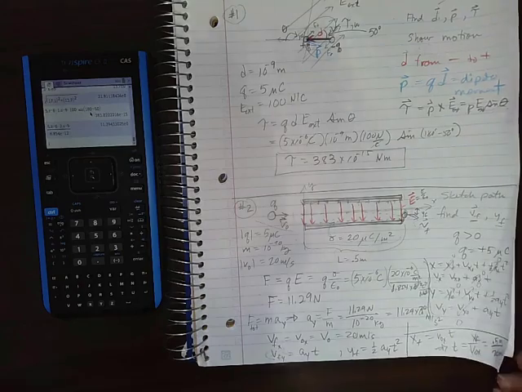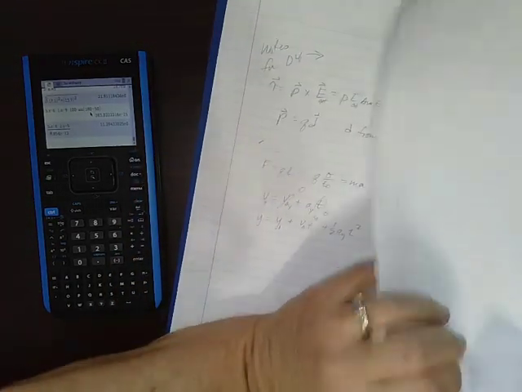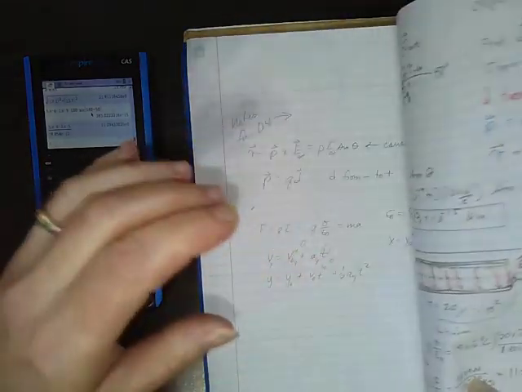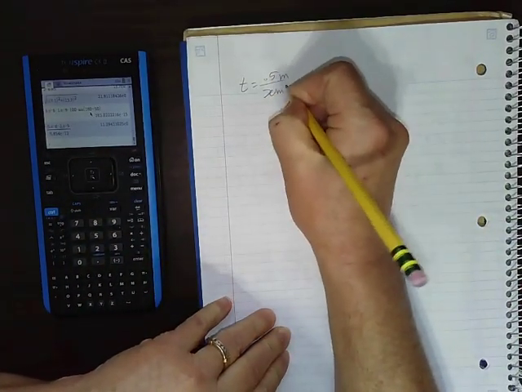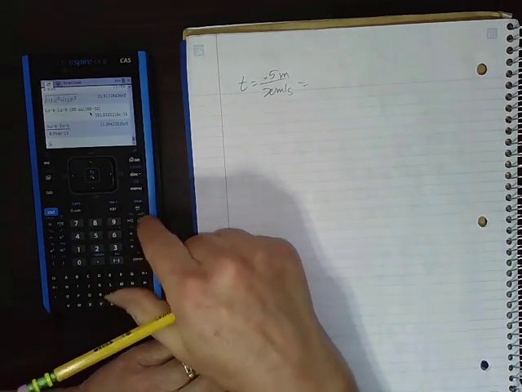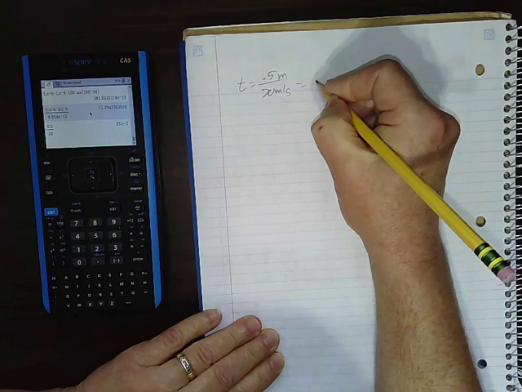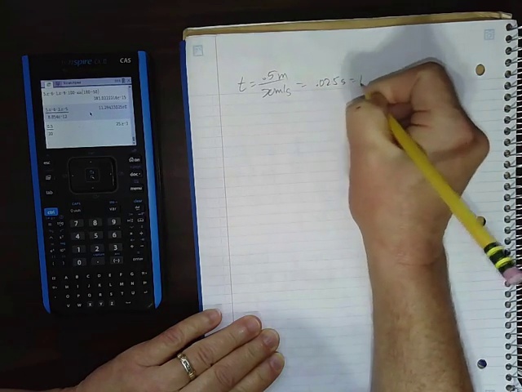All right, so t is 0.5 meters over 20 meters per second, so it comes out to be seconds. So 0.5 divided by 20 is 25 milliseconds, or 0.025 seconds equals t.